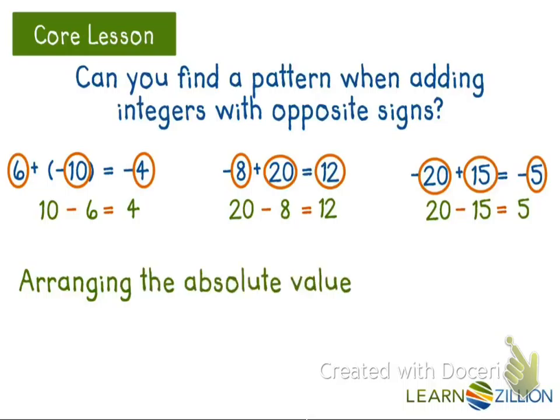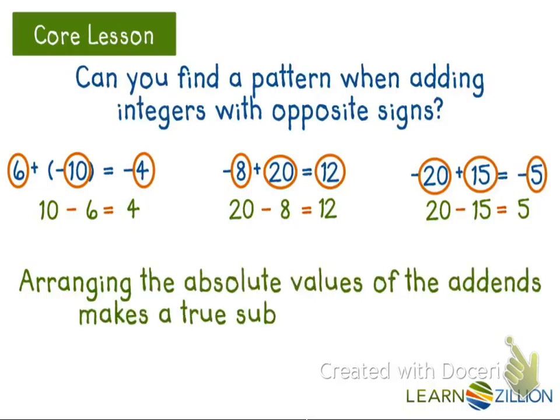You may have noticed that arranging the absolute values of the addends makes a true subtraction equation. But how do we know if the answer to the addition equation should be positive or negative?